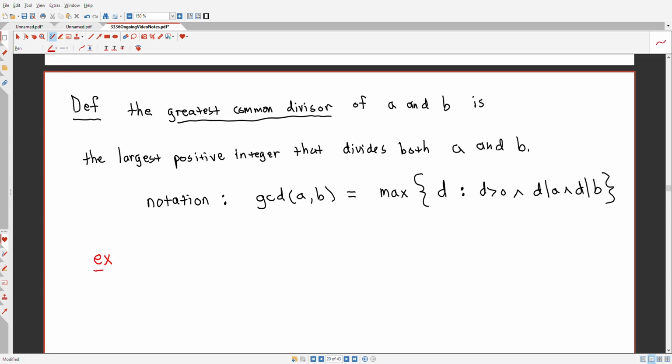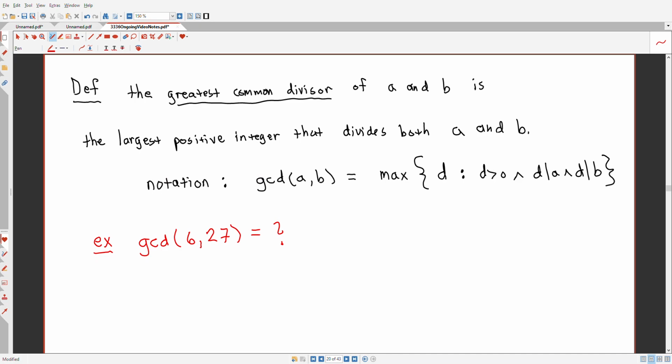So let's try some examples, maybe in red. So here's an example. What is the GCD of, I don't know, 6 and 27. And here's one way we could do this. We could quite literally write down all the positive divisors of 6, and we could write down all the positive divisors of 27, and just see which ones they have in common, and then circle the largest one.